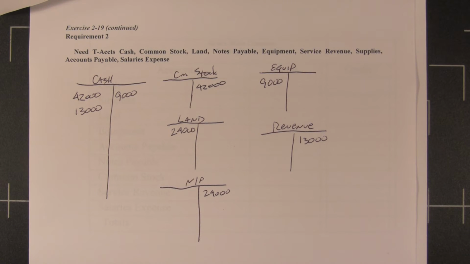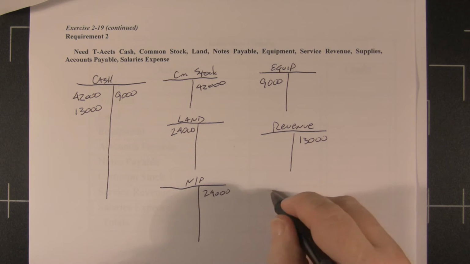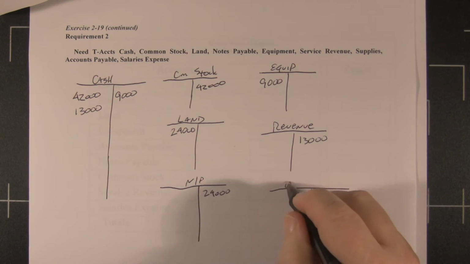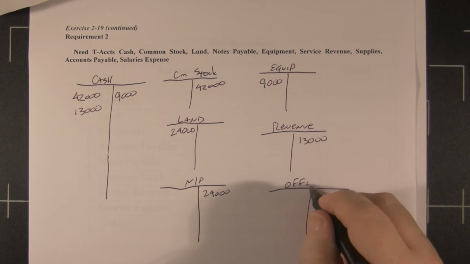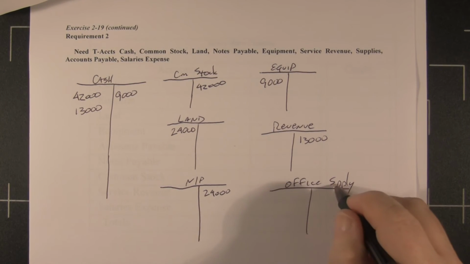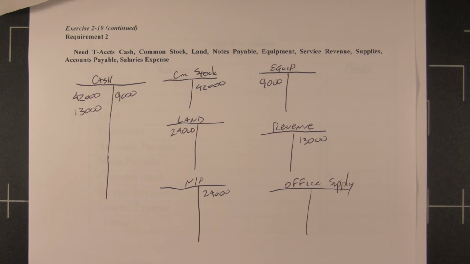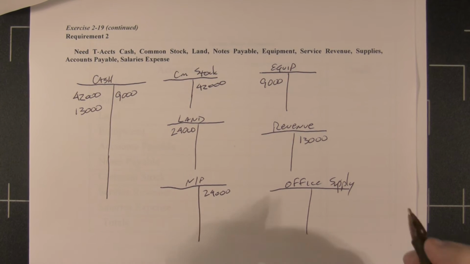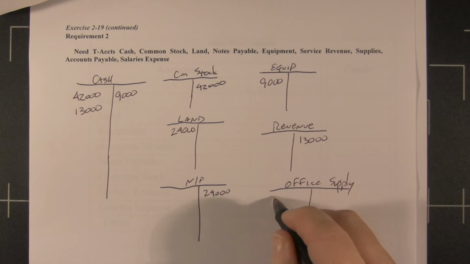And then on January 23rd, we purchased some office supplies. So we need that one. Office supplies of $3,000. So we purchased the supplies.